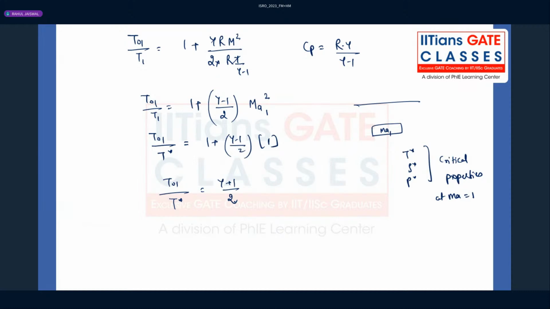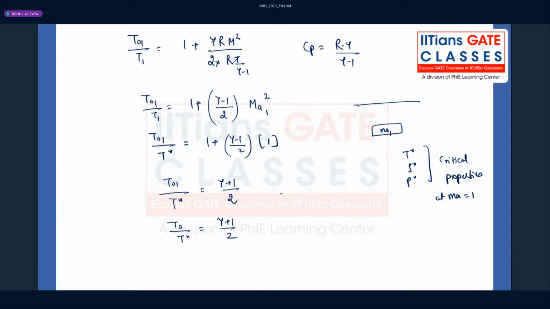They are not asking this question; they asked about the pressure ratio, critical pressure to stagnation. So T naught divided by T star equals gamma plus 1 divided by 2. Now that we have this value, we also know one more relation for the isentropic process.